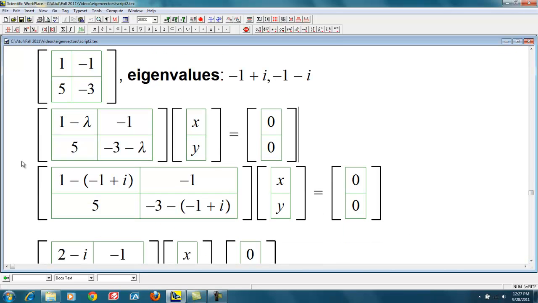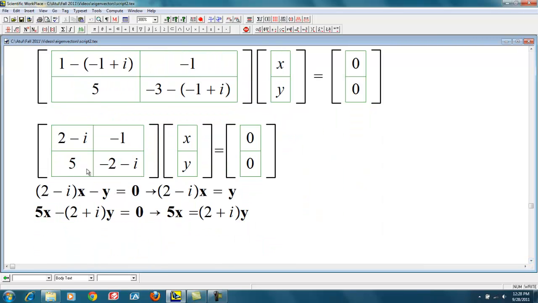So if you solve this thing, that's what you will get. Here for lambda, I'm writing negative 1 plus I. So when I simplify it, it's 2 minus I and then negative 2 minus I, and that's 0, 0.